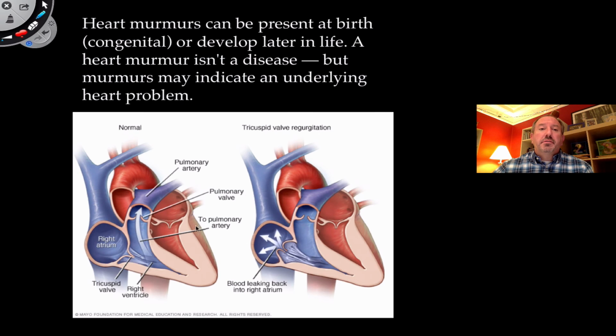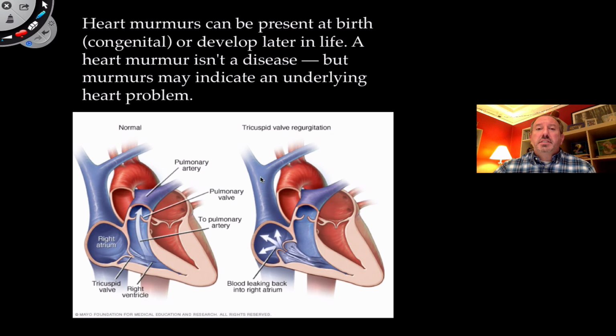Likewise, there could be other murmurs, like, for example, over here, the tricuspid valve, which is the AV valve on the right side, can have some regurgitation as well. Now, these murmurs could be present at birth, and things that you're born with are called congenital, or they could develop later in life.